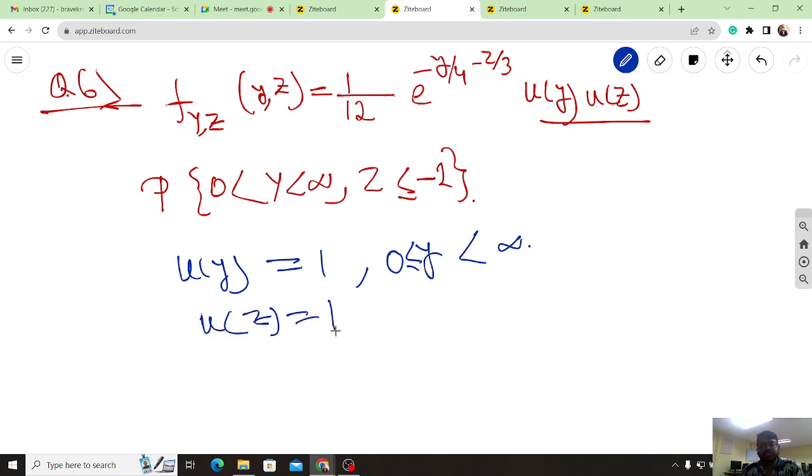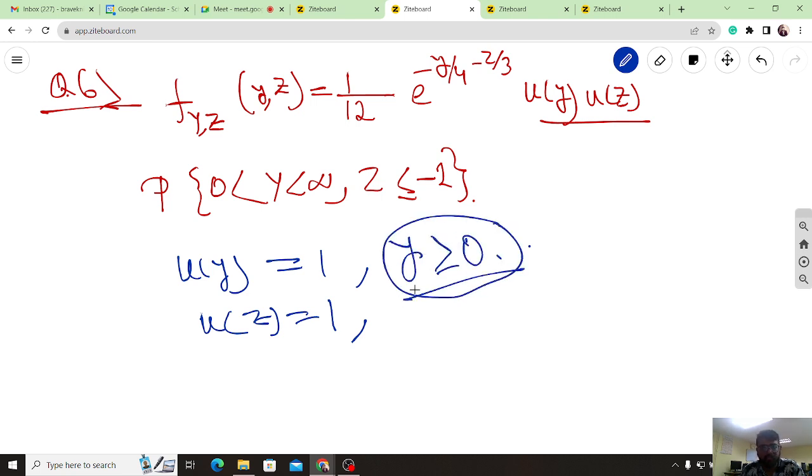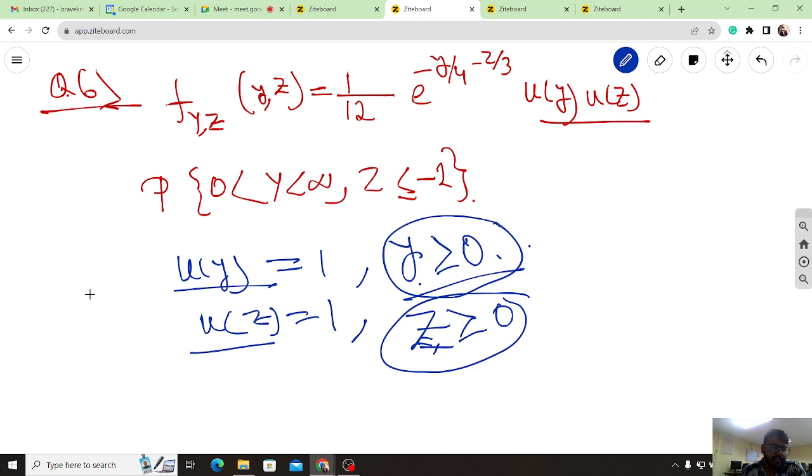And u of z is also similarly 0 to infinite. Sorry, notational, I mean, y should be greater than 0 for these values. Similarly, z should be greater than 0. Because these are the unit step functions.